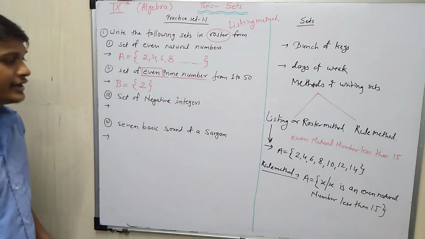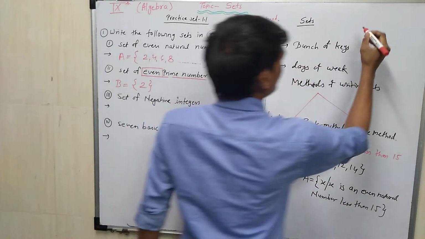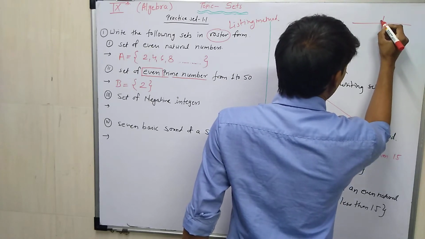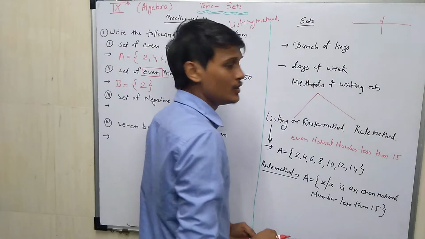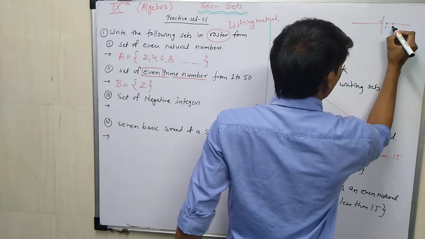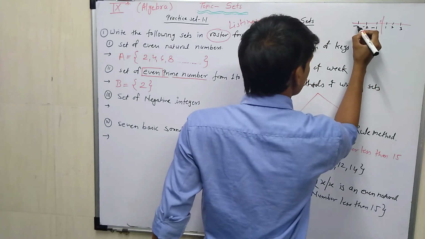Next is the set of negative integers. You know, in a graph there is a point 0, with positive numbers and negative numbers.